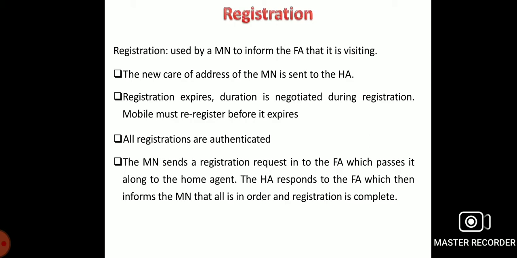The mobile node must register again before it expires. All registrations are authenticated. The mobile node sends a registration request to the foreign agent, which passes it along to the home agent. The home agent responds to the foreign agent, which then informs the mobile node that all is in order and the registration is completed.